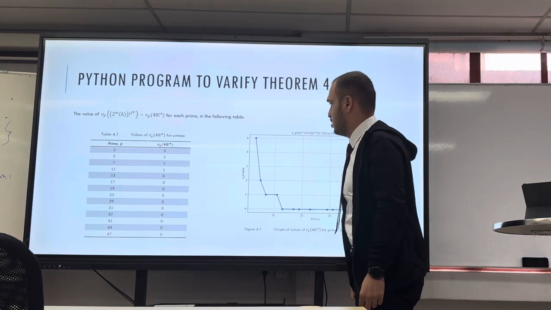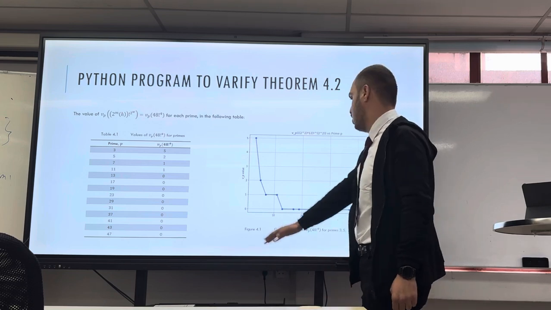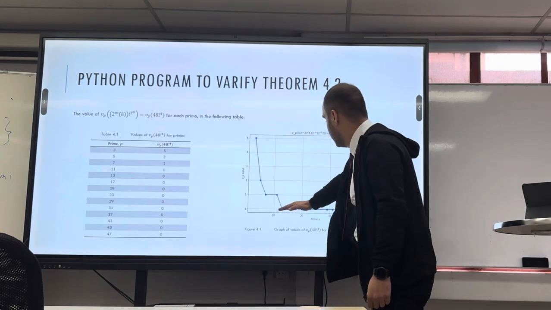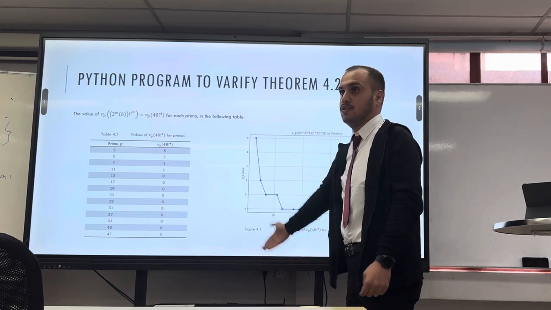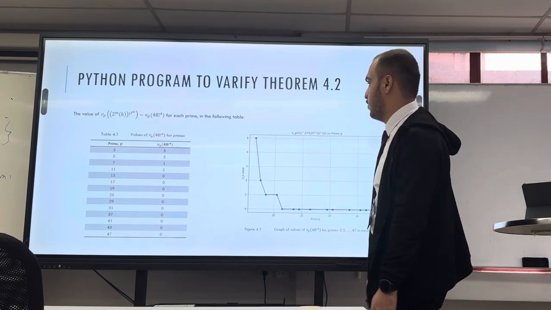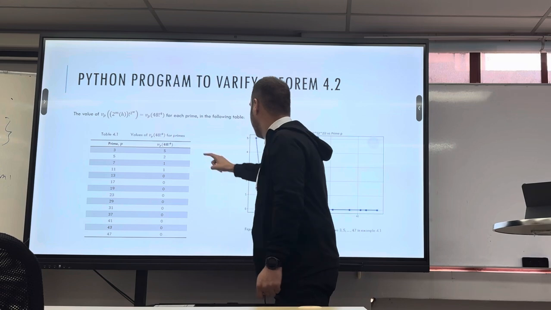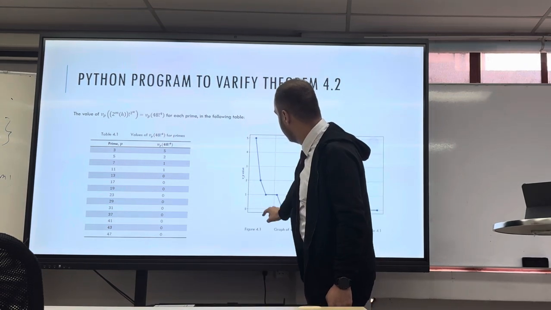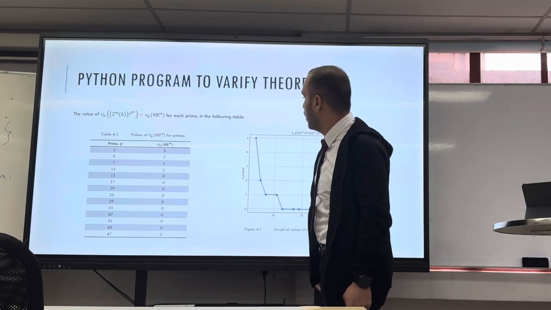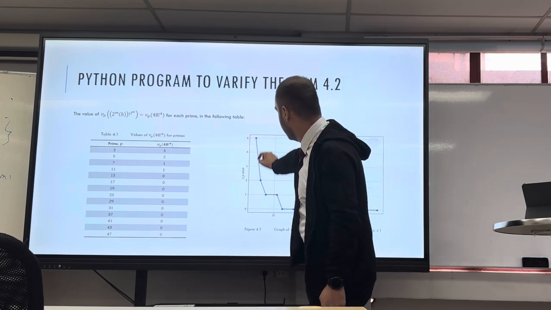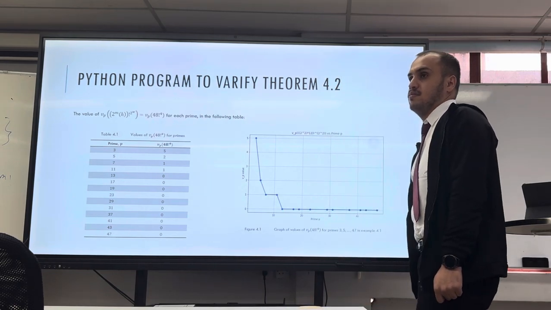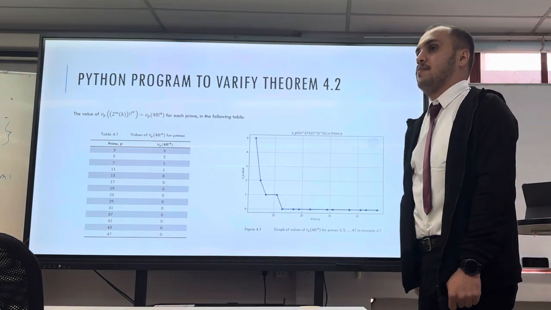The vertical is the exponents and the horizontal is the primes. Here primes and here exponent. For example, 3, 5. So this is 5. Here, 3. This is the exponent and this is the prime 3. Yeah, the graph, we understand that.